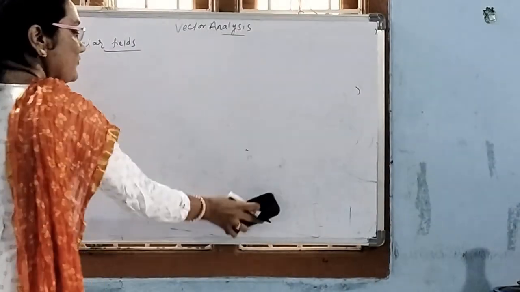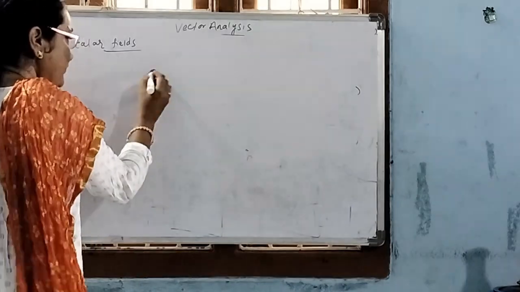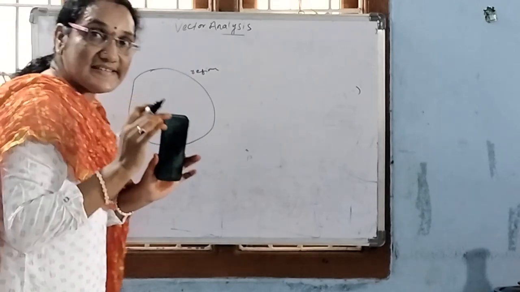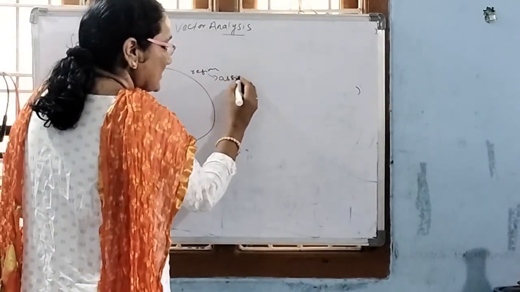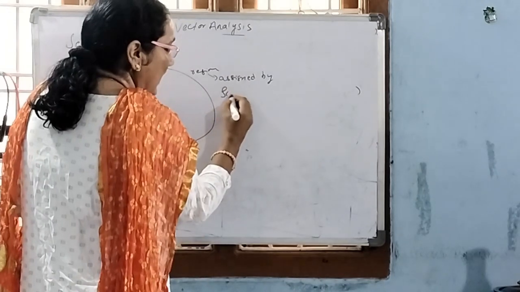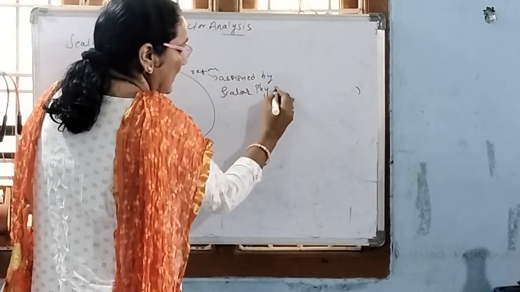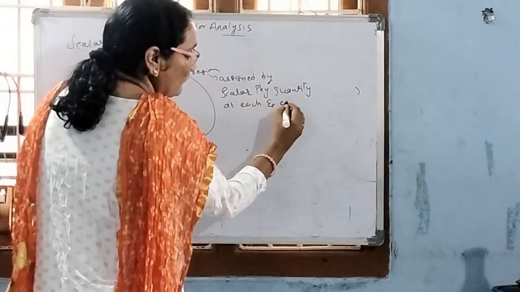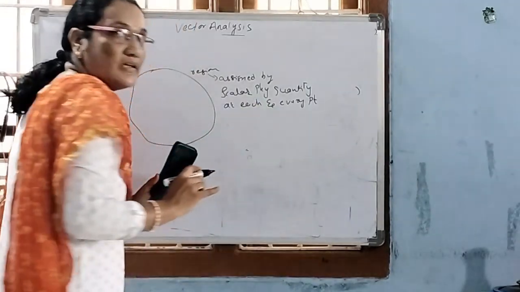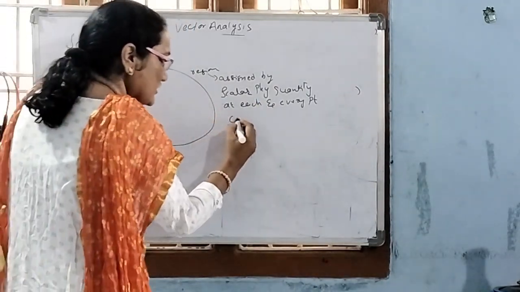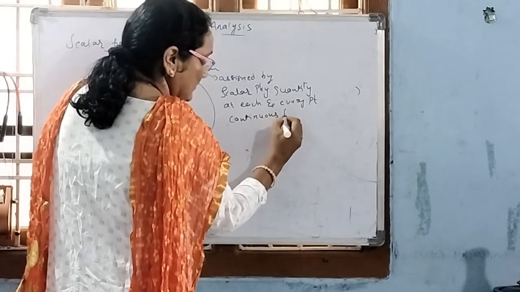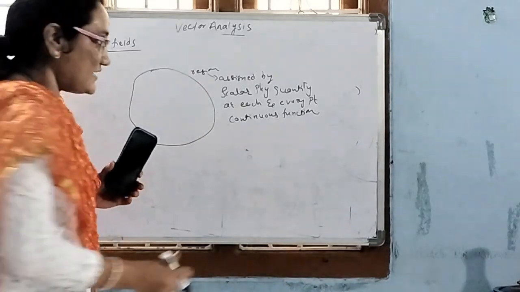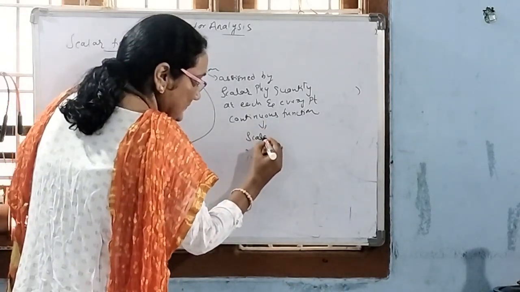If any region or space is assigned a scalar physical quantity at each and every point in the region as a continuous function, we call that field a scalar field.